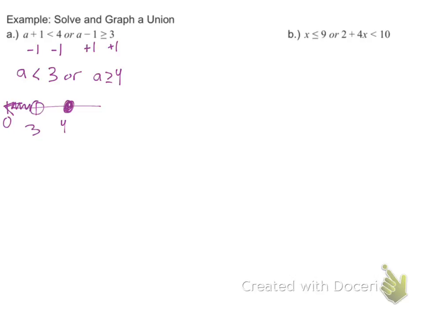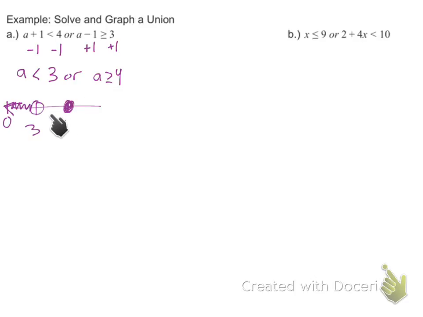Going between 3 and 4, maybe 3.5, right? Is 3.5 less than 3? No. Wait a minute. Is 3.5 greater than or equal to 4?